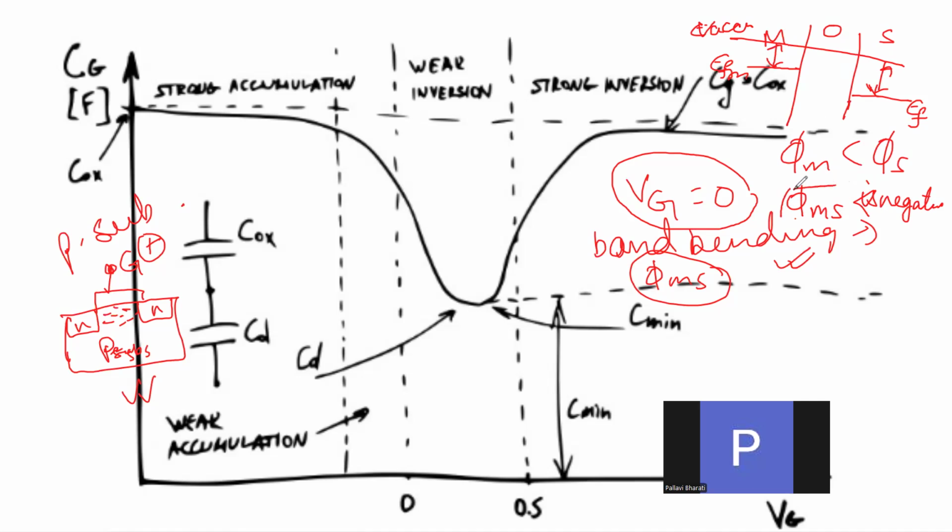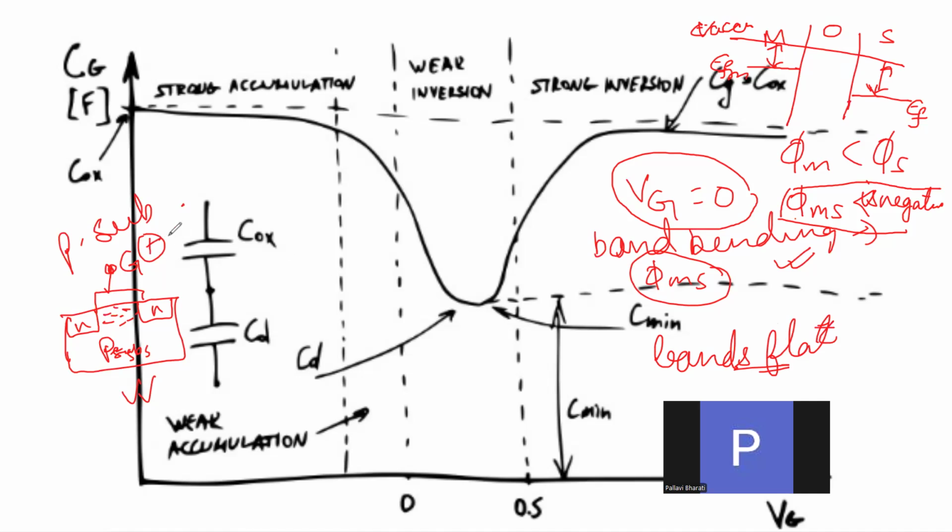Now when psi ms is negative, what does that mean? That in order to avoid the band bending, in order to make the bands flat, you need to give a negative voltage on the gate. Getting my point? So to make the bands flat, or to avoid any kind of band bending, you have to give a negative voltage on the gate. Now see, how does it happen?